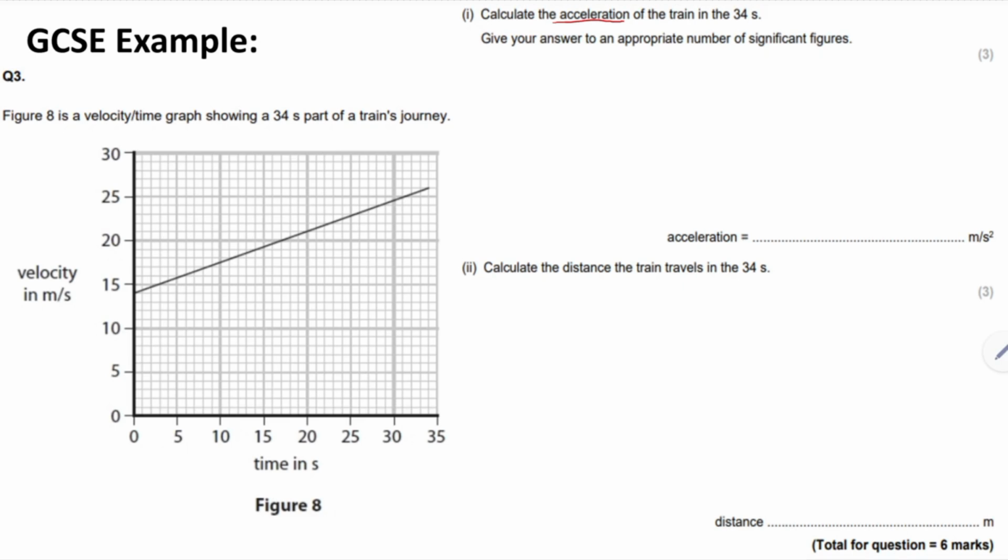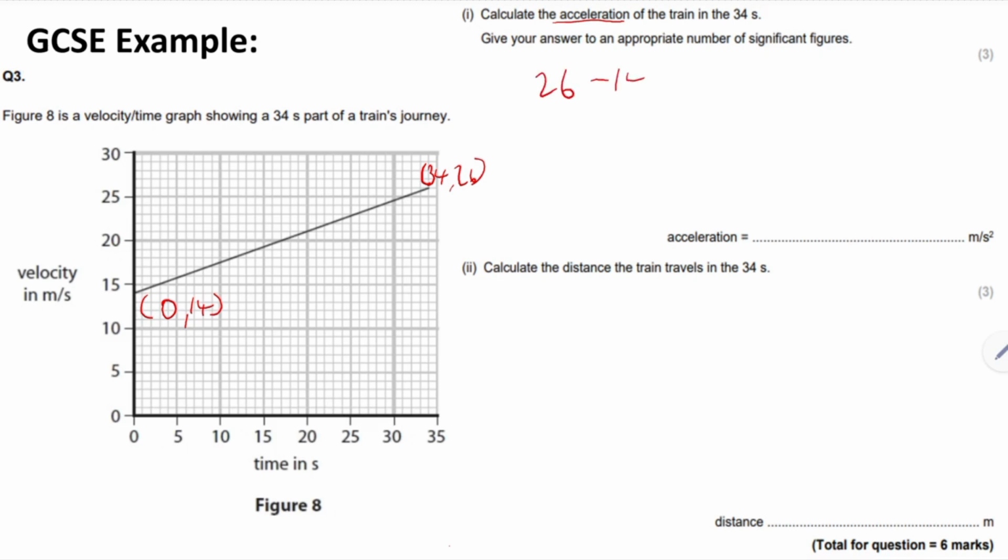So first we need to find the coordinates of the highest and lowest point. So that will be 34, and the y is going to be 26, and over here it's going to be 0 and 14. So now we have x and y, so we need to find the change in y with the change in x.